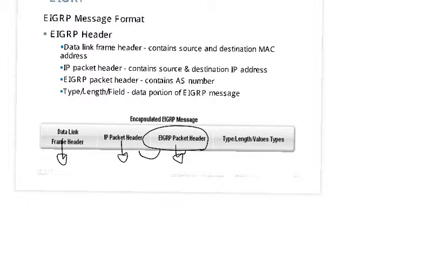It does not use UDP, and it does not use TCP. So we have to know whether this is reliable or unreliable, and what type of transport layer protocol EIGRP uses, which we will talk about in a minute. And this is, of course, the payload of EIGRP.